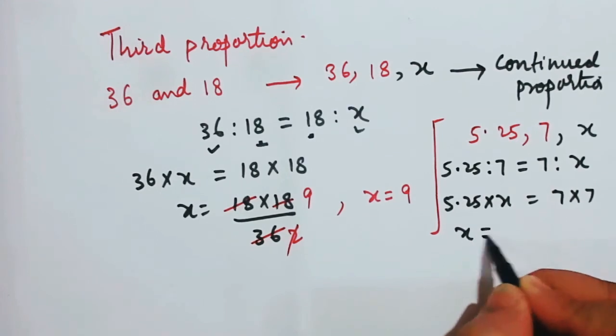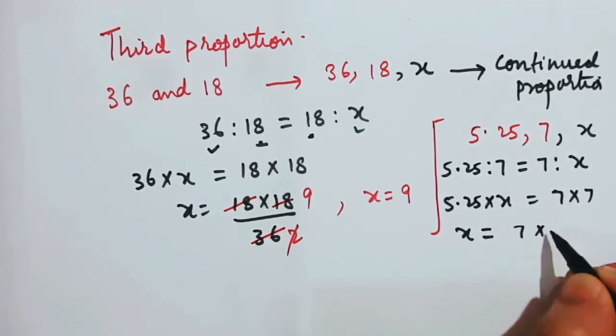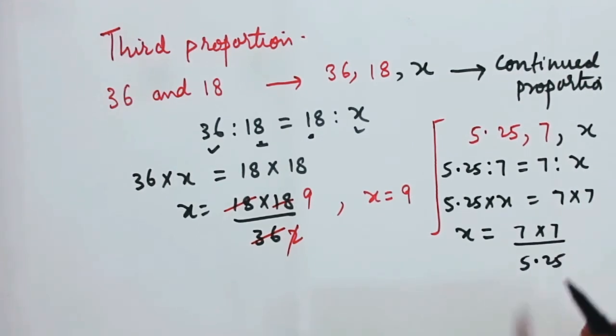So x will be equal to how much? x will be equal to 7 times 7 by 5.25. Shall we solve it? Let us remove this decimal from the denominator. I hate decimals, especially when they are in the denominator.